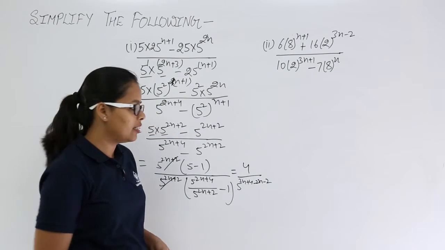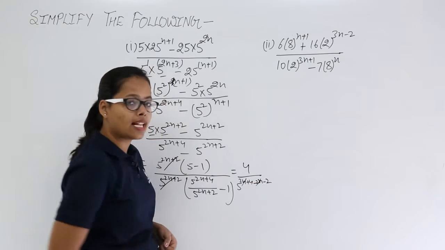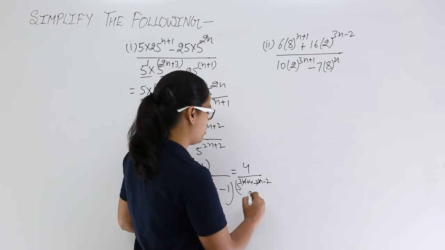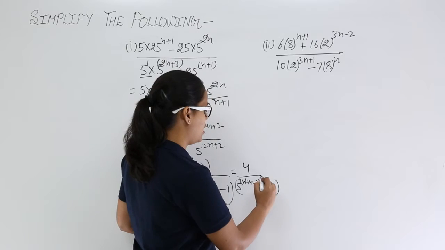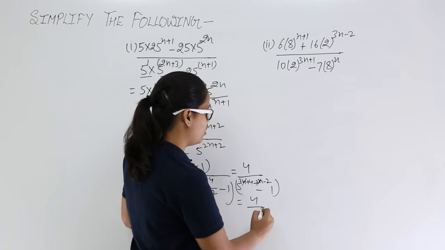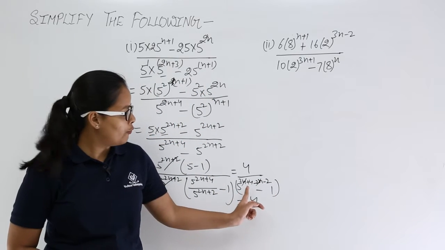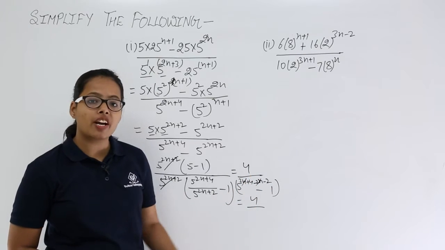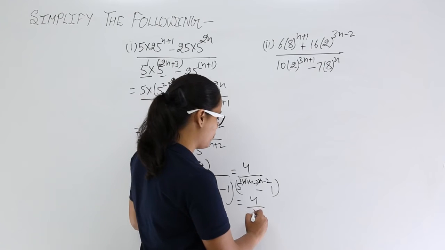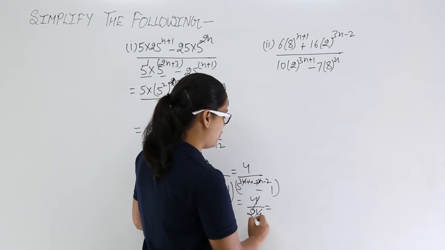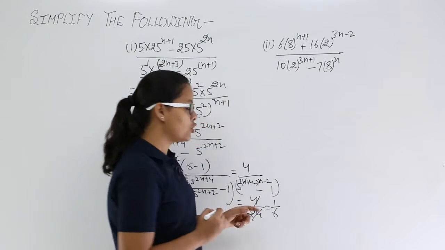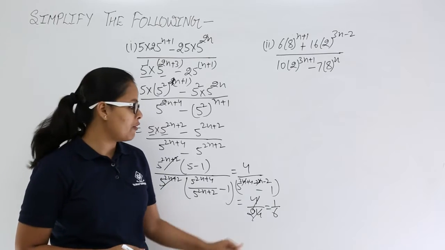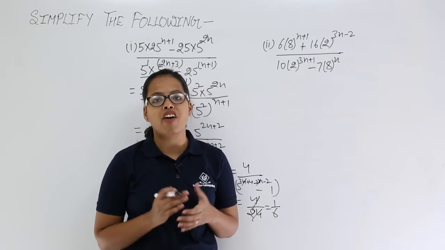We already added that; 2n and 2n will get cancelled out in negative 4. So 4 minus 2 is 2, and 5 square will be 25, and 25 minus 1 will be 24. Because 24 is divisible by 4, you will be getting 1 by 6 after simplification.